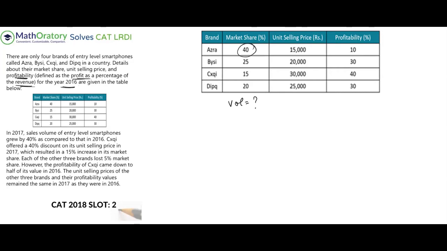So the total volume will be required to calculate each and every product's volume that we are selling. Multiplied by the selling price of each unit will give us the total revenue, and then a percentage of that total revenue will give us the actual profit, right?